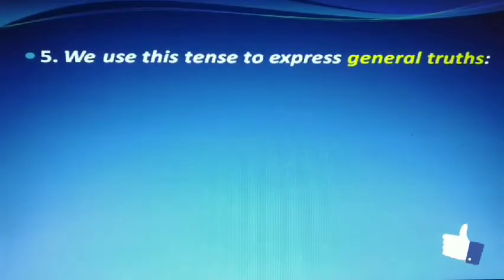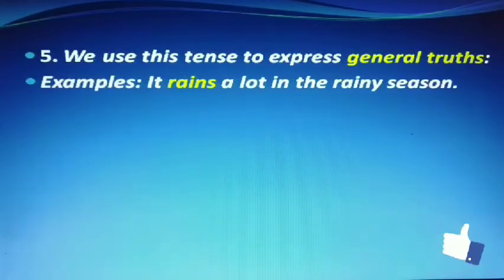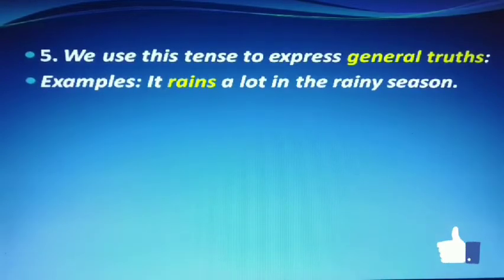Fifth point, we use this tense to express general truths. Truths of general nature, which we see here, things like that. Examples, it rains a lot in the rainy season. Everybody knows that. Rainy season is the season of rains, so it rains a lot in the rainy season. It is a common truth known to everybody.